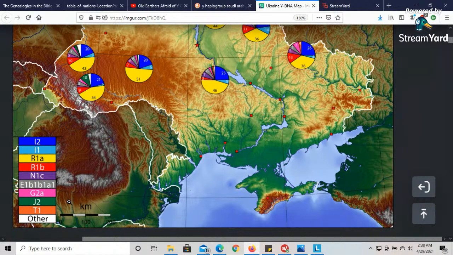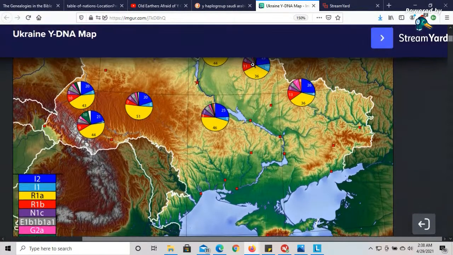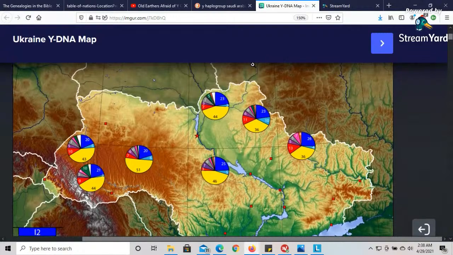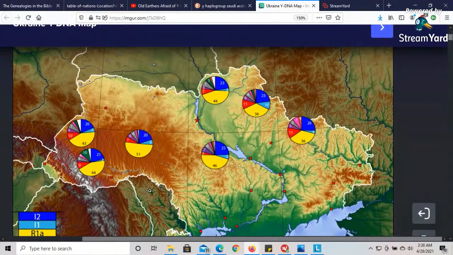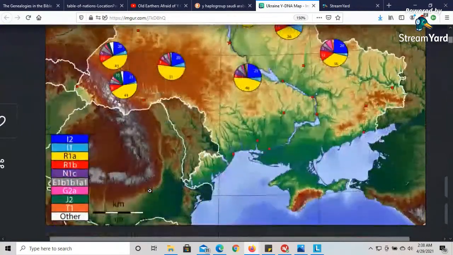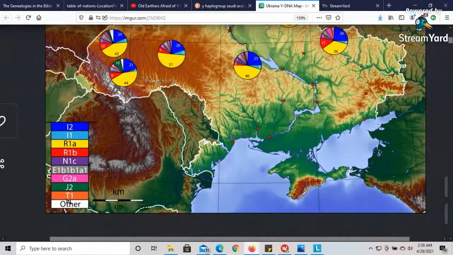in order to find the Jews, we're going to have to look for J2. That's Judaic. J2. Oh, we got T1 too. If you see any brown here, oh, I see some brown. Yep, I see some brown. That's our signature Jewish population. Remember the T1?